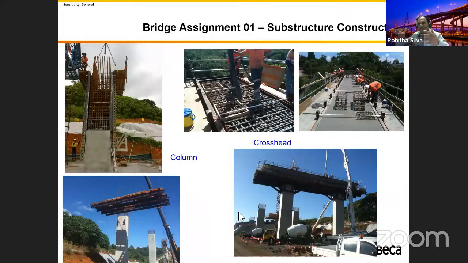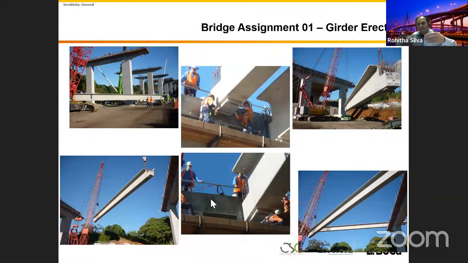Then that will give a lot of opportunity for many contractors. When you go into the market for bidding, it's more challenging if only a few can build it. If you propose a balanced cantilever bridge, a segmental box girder bridge, you may not find a contractor to build that.